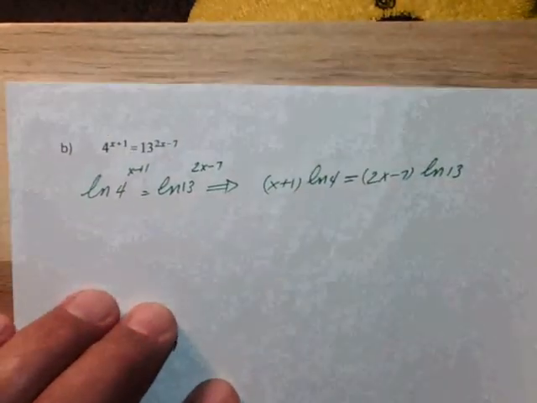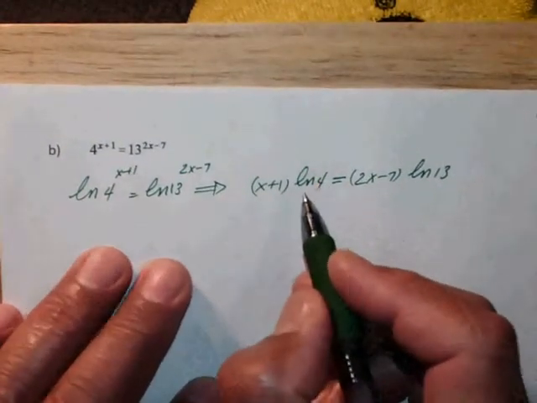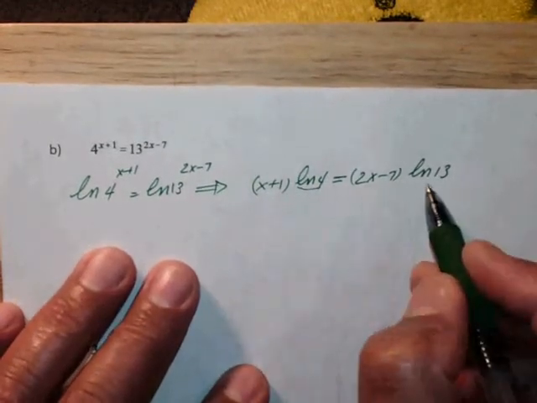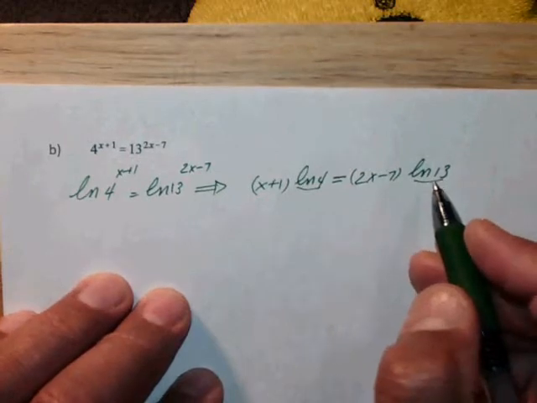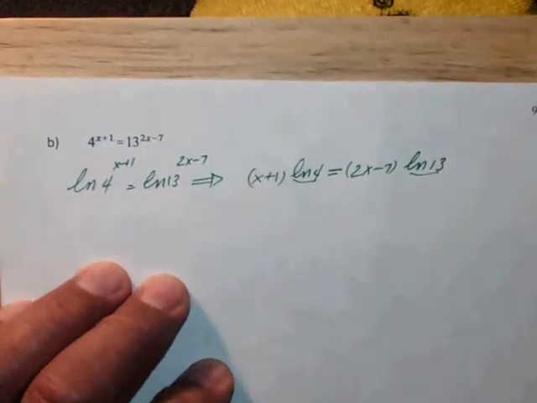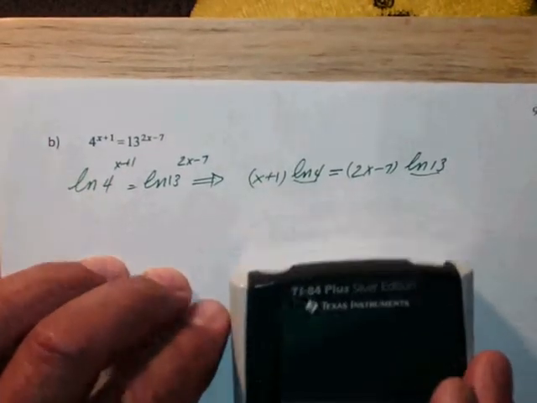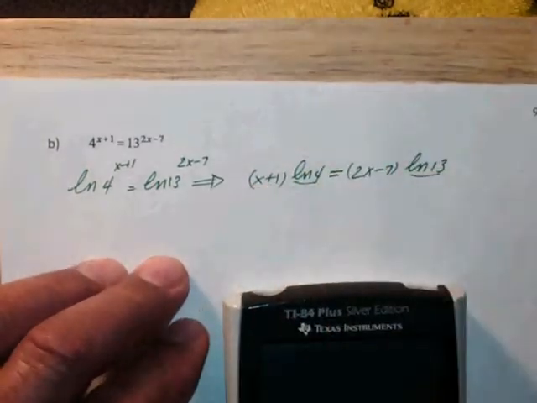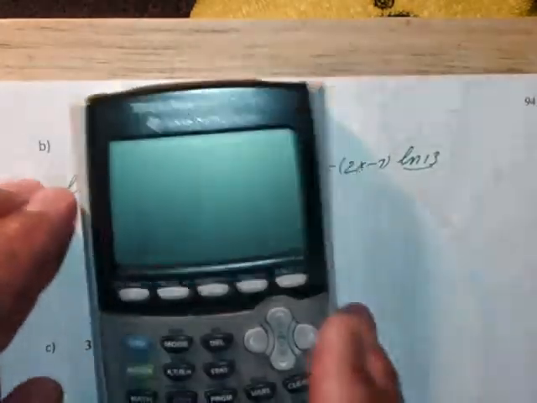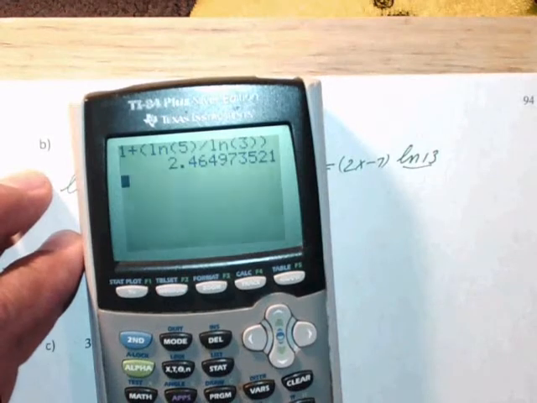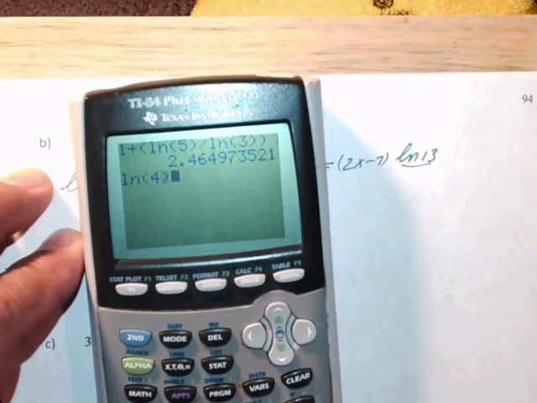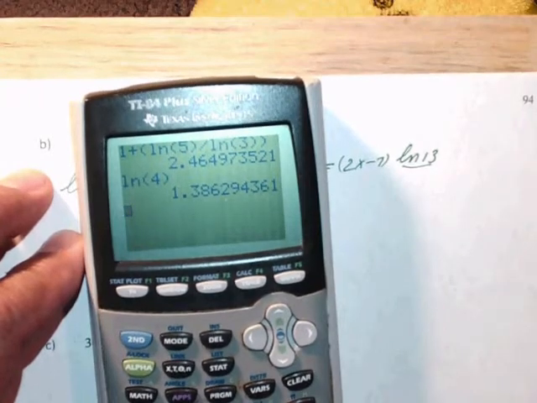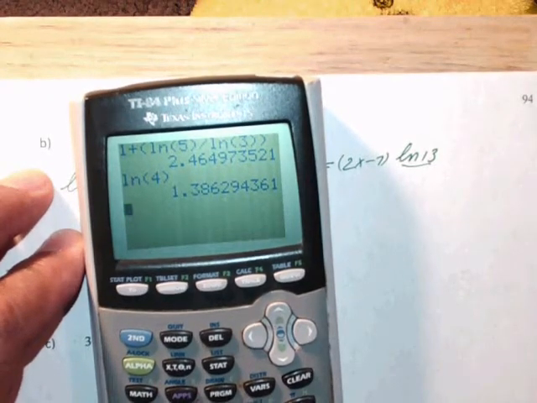Now the point is that if you want the exact value, you just have to treat this log of 4 and log of 13 as two numbers. But to get an approximate solution, I just compute what log of 4 is with my calculator. This is natural log, you see. So natural log of 4 is almost 1.4.